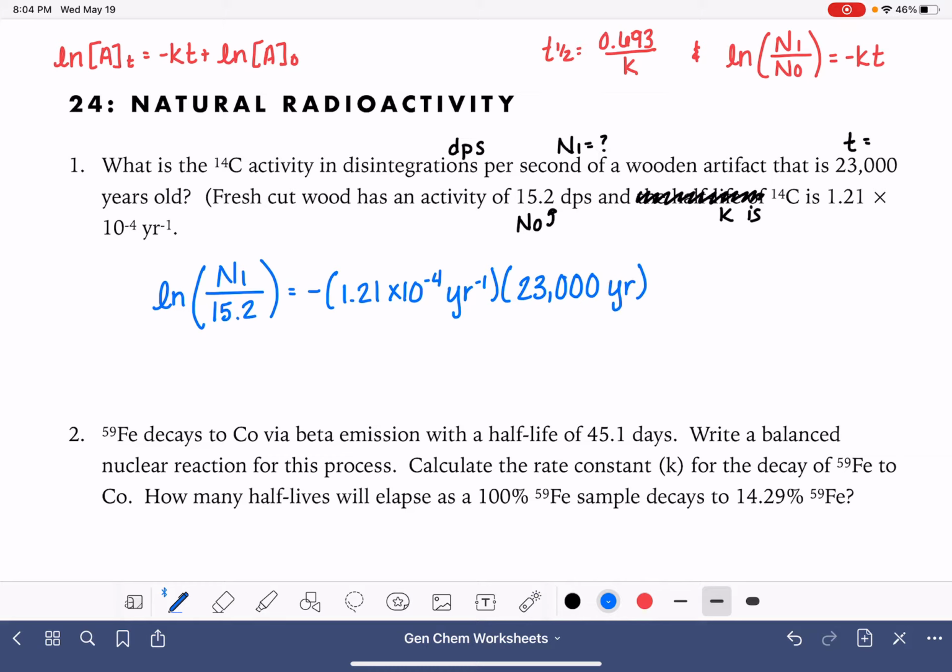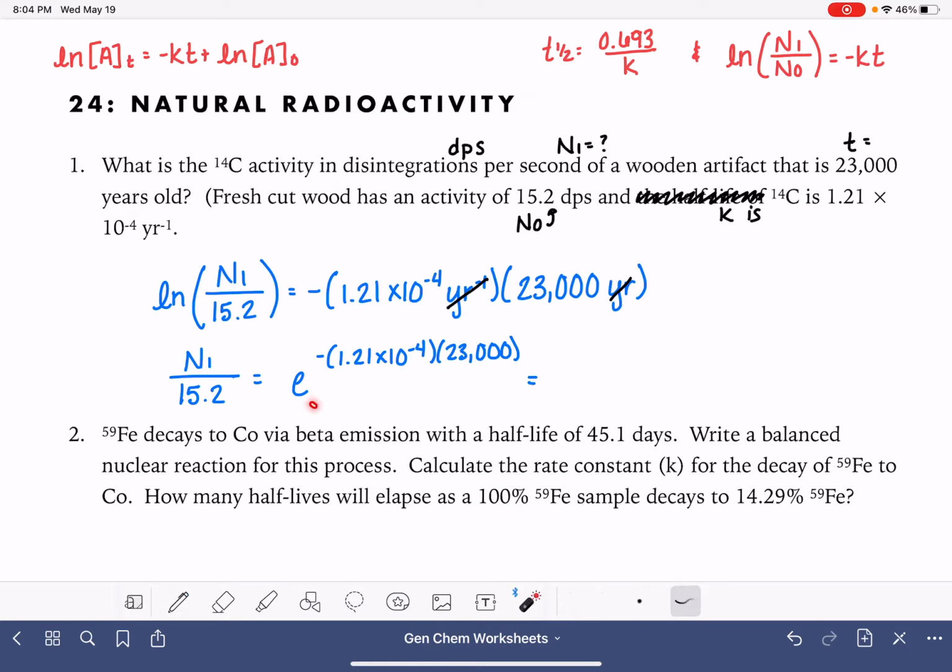Then we just have to solve this problem. To do that, we've got to get rid of the natural log. So we'll take the natural log away from the left-hand side, and the right-hand side is going to be e to that whole term, 1.21 times 10 to the minus 4th times 23,000. I'm going to get rid of the units since they cancel each other out.